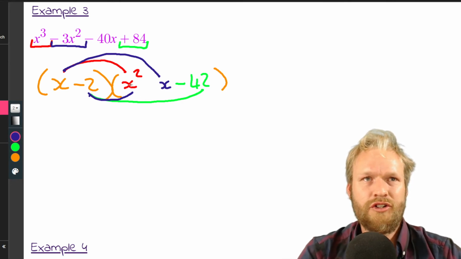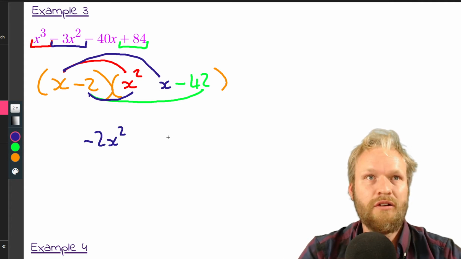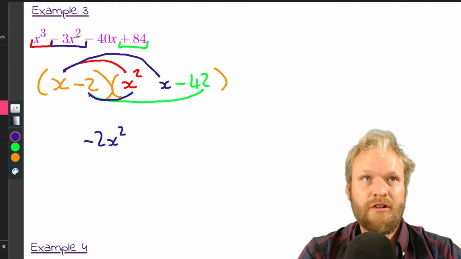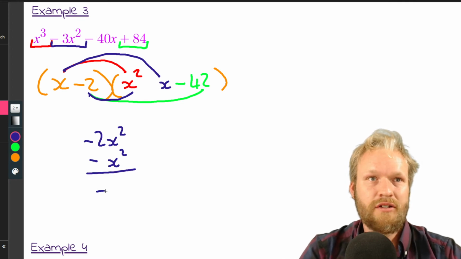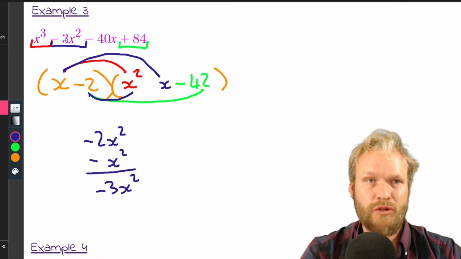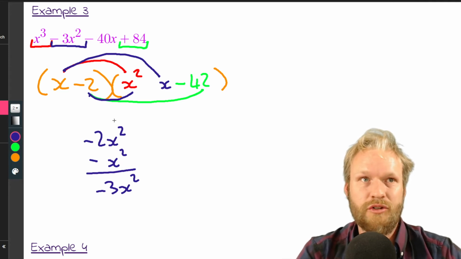We've got minus 2 times x squared. That's minus 2x squared. We want to get negative 3x squared, so we must need to subtract another x squared, and then we'll get minus 3x squared, which is what we got there. So in other words, minus 2 times x squared gives us the minus 2x squared.